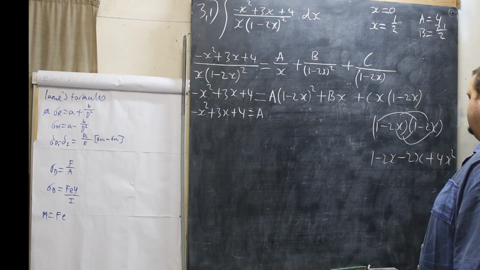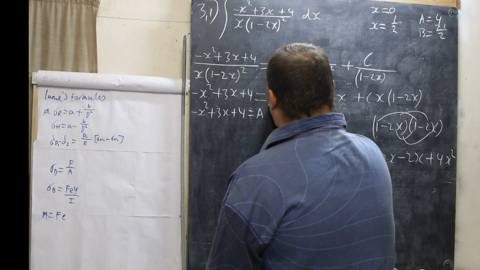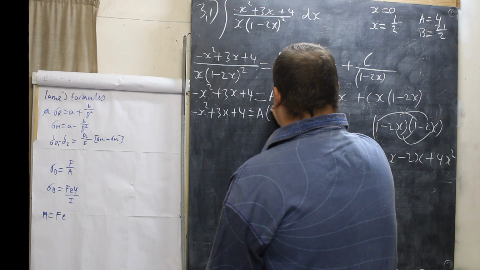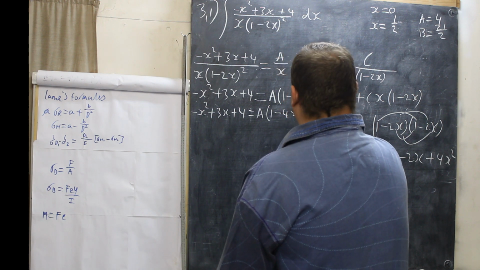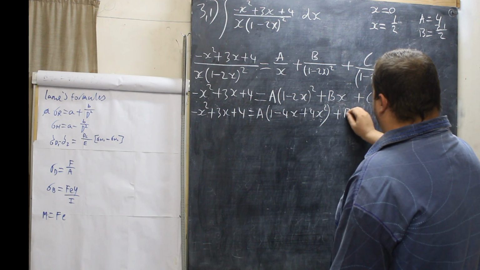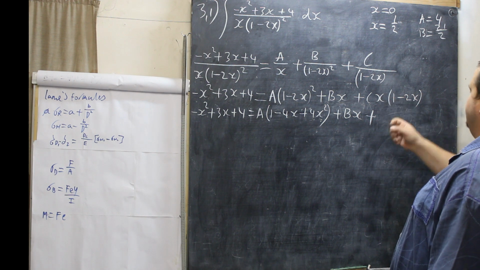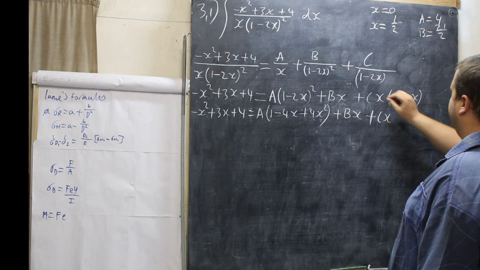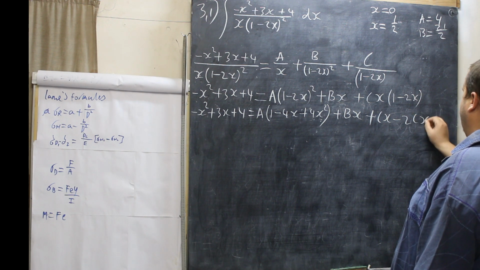Minus 2 is minus 4. So A times 1 minus 4x plus 4x squared plus bx plus cx times 1, cx minus 2cx squared.